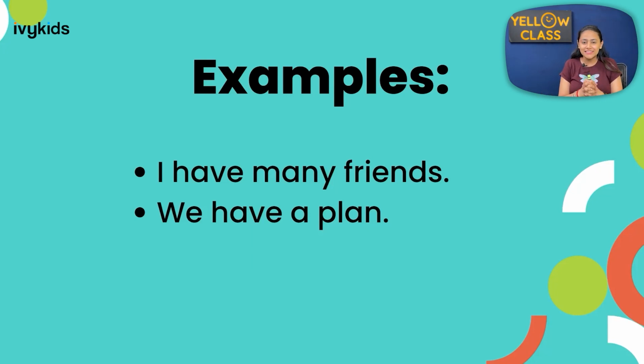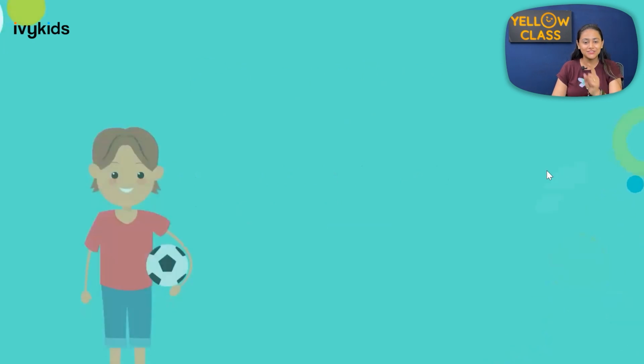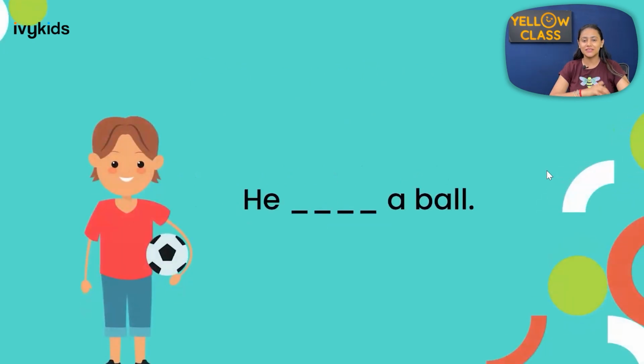And I feel that as I've shared so much information with you all, like talking about has and have, and their examples, it's a perfect time to assess how well we are listening. So this question is there in front of you. I hope you all are able to see that image on the screen. There is a boy, he's holding a ball, and now we are talking about his possession. So when we are talking about his possession, we have two options.